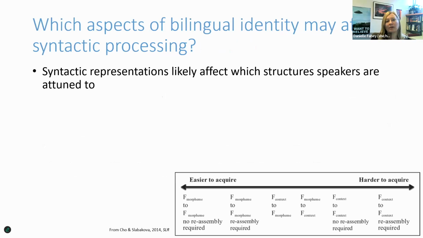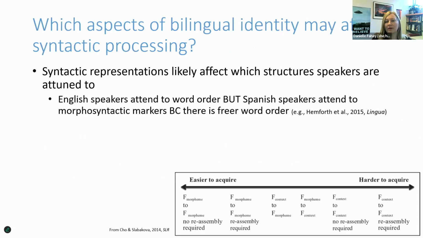Based on the typological differences of the languages that someone speaks, monolinguals have been found to attune to different types of information, and that attention to different syntactic information interacts and affects what's happening with bilingual speakers. English speakers, for example, attune more to word order, whereas Spanish speakers generally attune more to morphosyntactic information.